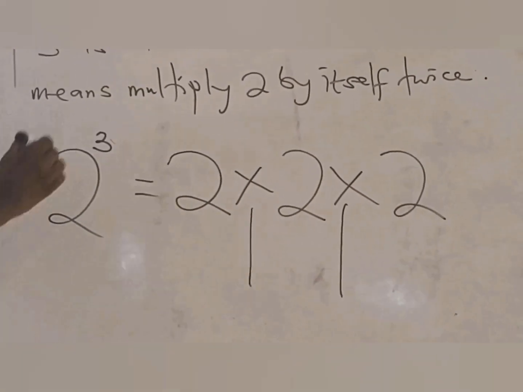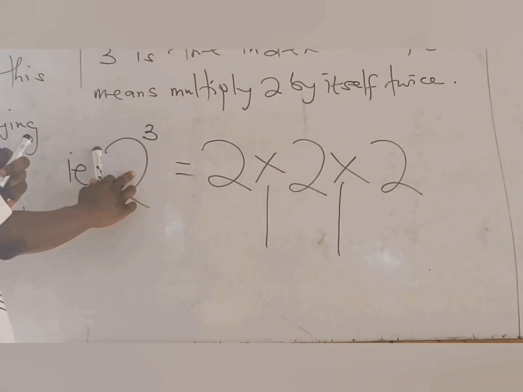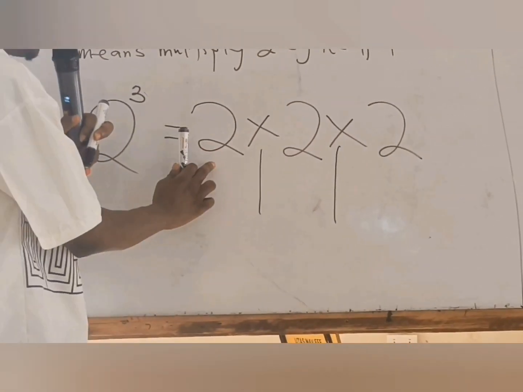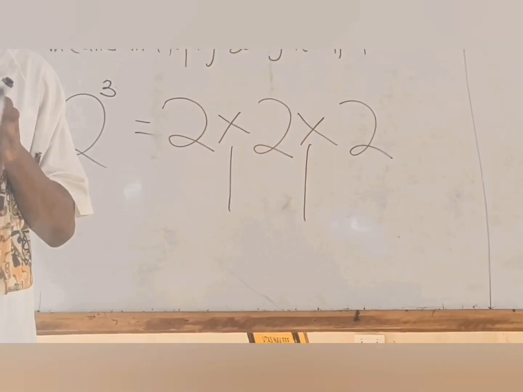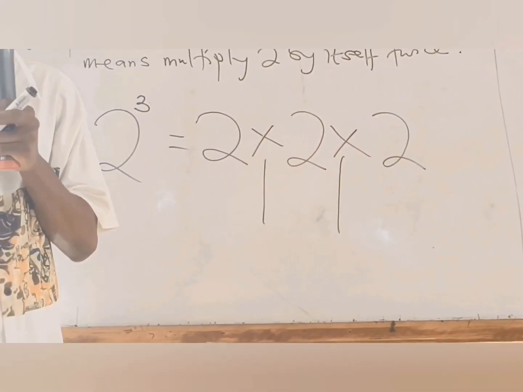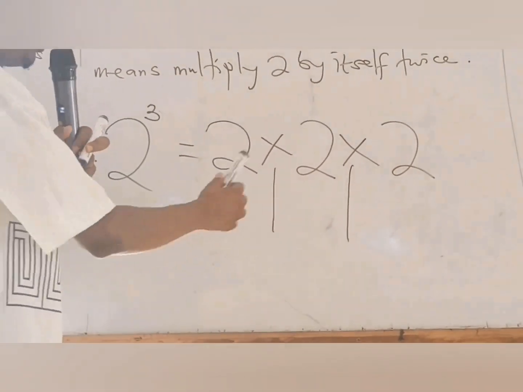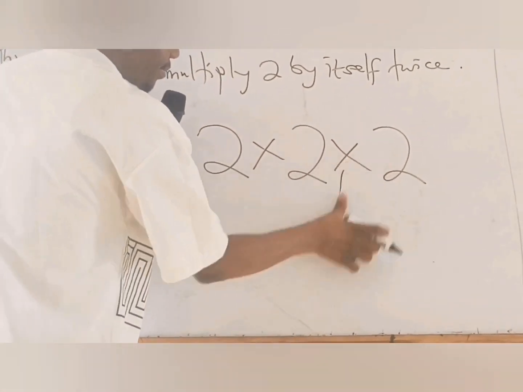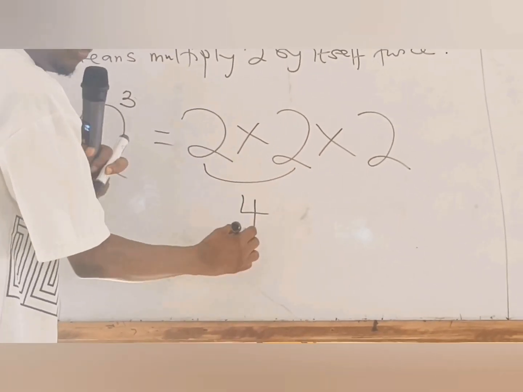2 to the power 3 is equal to 2 times 2 times 2. Watch the multiplication. If you multiply 2 by 2, what do you get? 4.